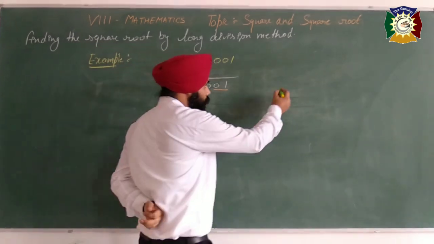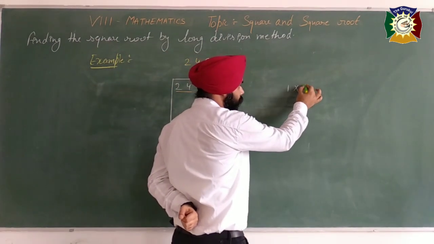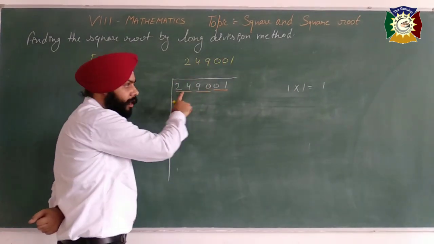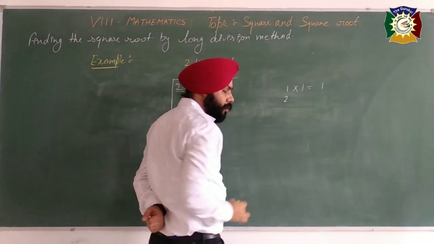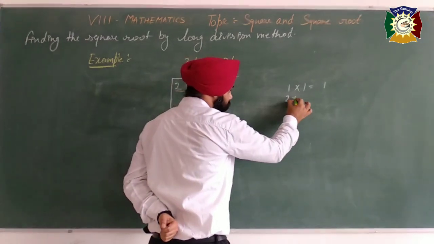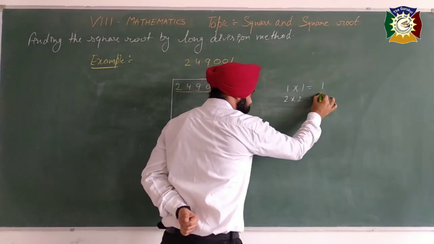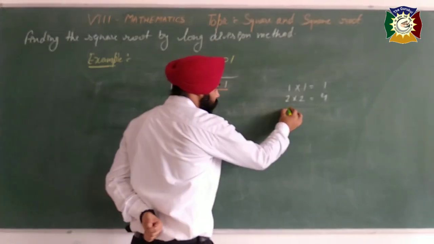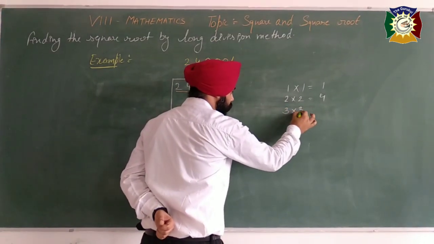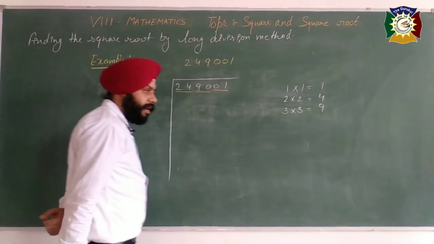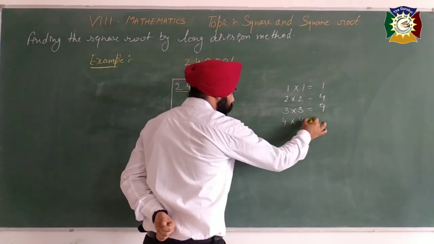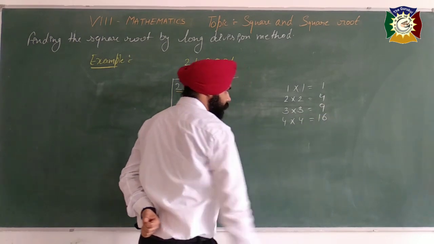Suppose I take 1 into 1, then it is 1. It is very less than 24. Next number, 2 multiplied by itself becomes 4. Again it is less. 3 multiplied by 3 is again very less. Now check the next number, 4 multiplied by 4 is 16.